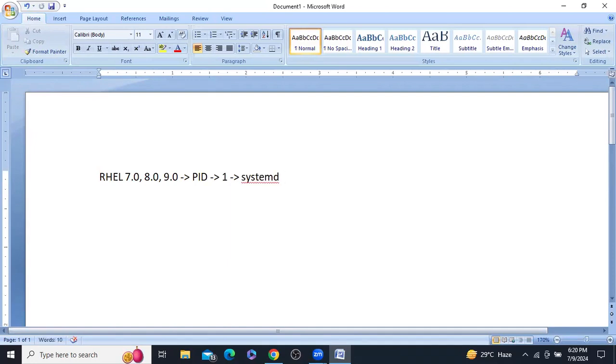This is the first process ID in RHEL 7.0 as well as in 8.0 and 9.0. While you are starting the operating system, along with the boot time, this process ID is going to start. For example, in this classroom, I am systemd. I'm the first process ID in this classroom, right?